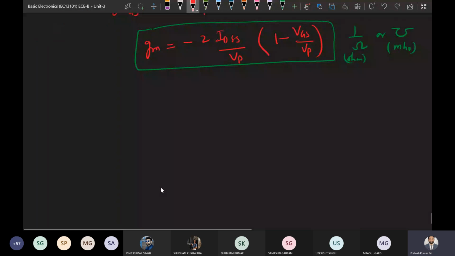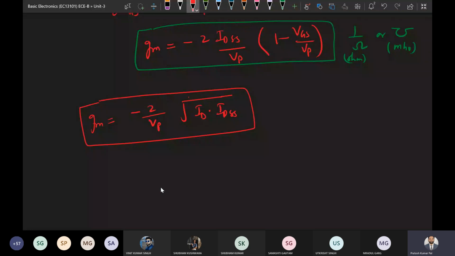I will write the equation: GM is also defined as minus 2 by VP times the square root of ID into IDSS. Once we replace 1 minus VGS by VP using the relation of ID and IDSS, we get this relation for GM.